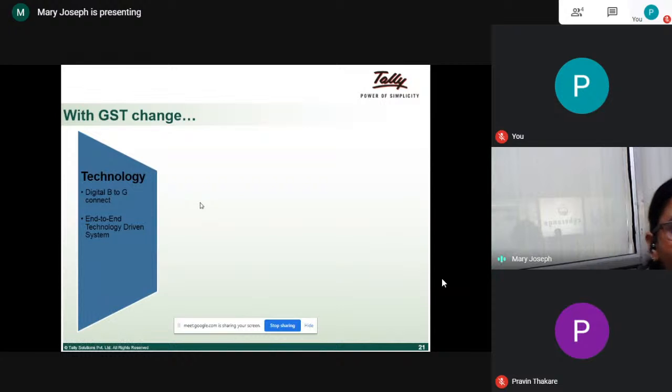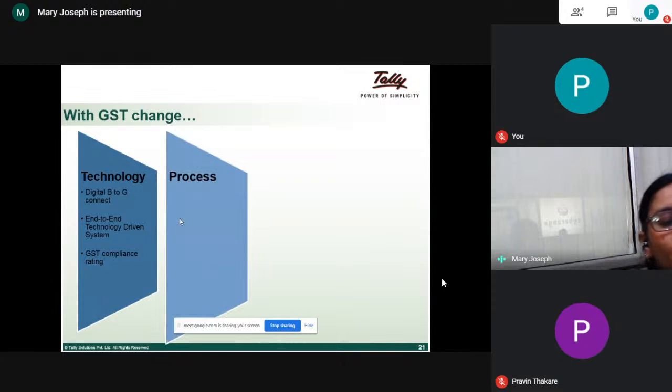End-to-end technology driven systems are available. Next is GST compliance rating. The process: transaction focused. Transparency from the grassroots level of the business records. Triangulation of suppliers and recipient records.